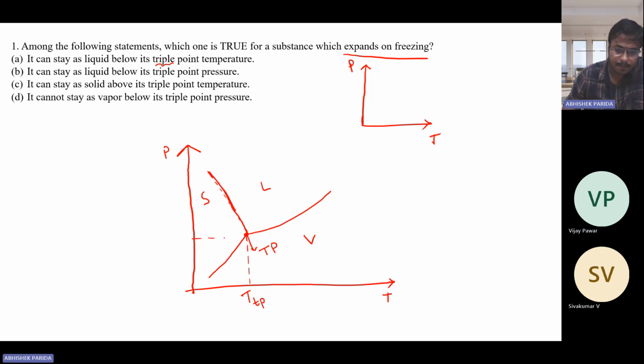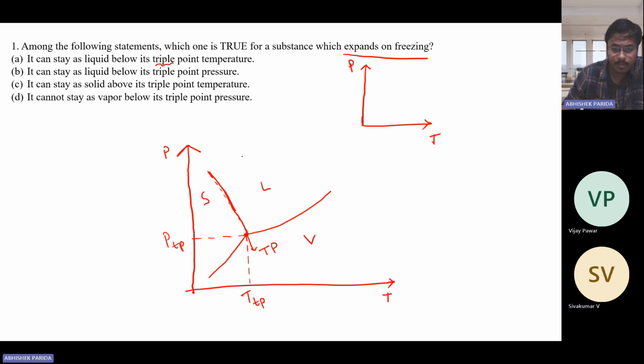This is the triple point pressure. You value this. Okay. Then tell me, below the triple point temperature, whether it can exist as a liquid or not.